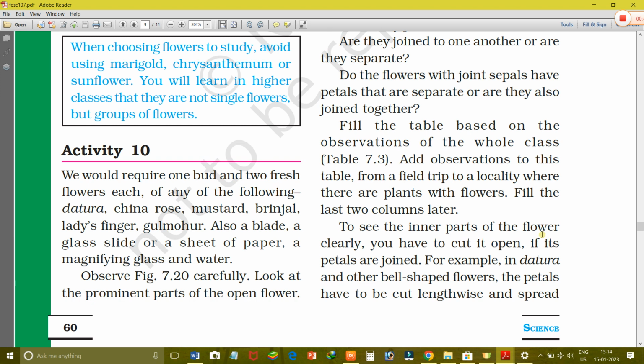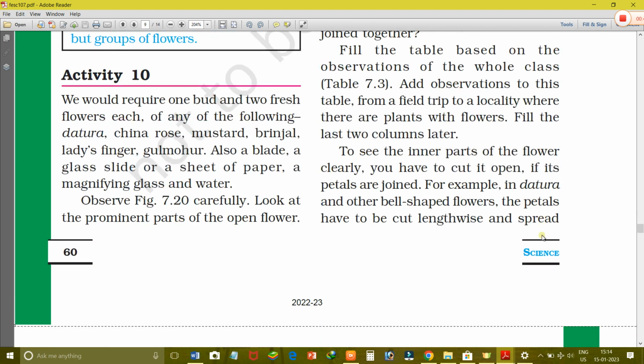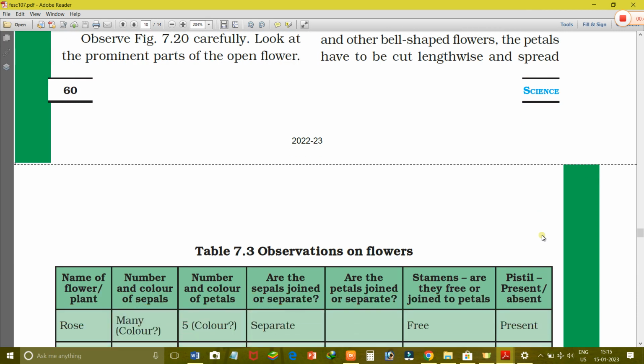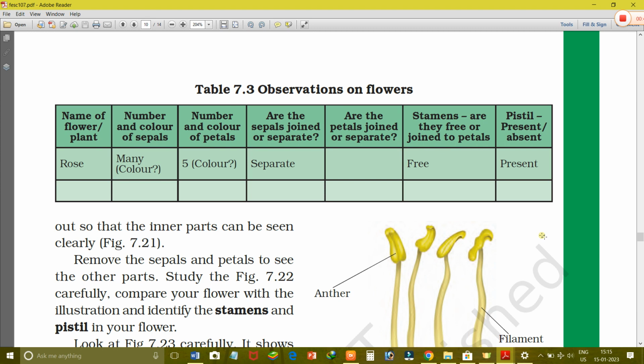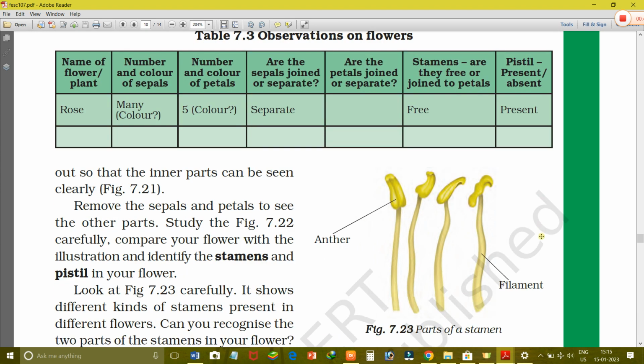For example, in datura and other bell-shaped flowers, the petals have to be cut lengthwise and separated out so that the inner part can be seen clearly. Remove the sepals and petals to see other parts.